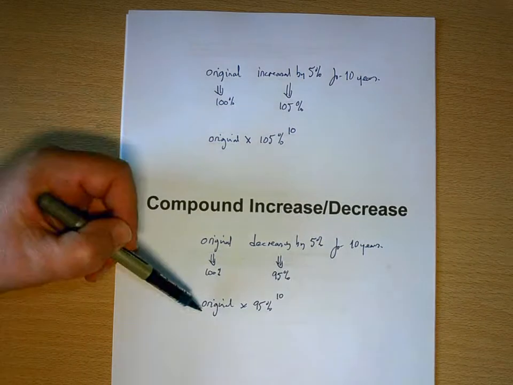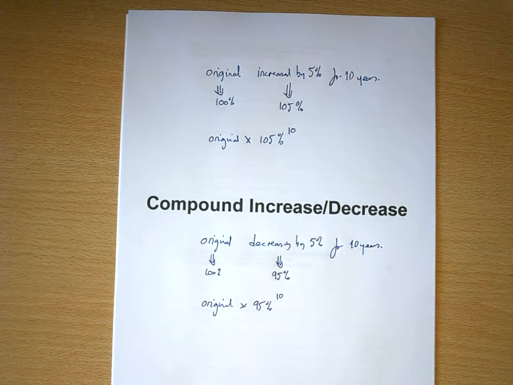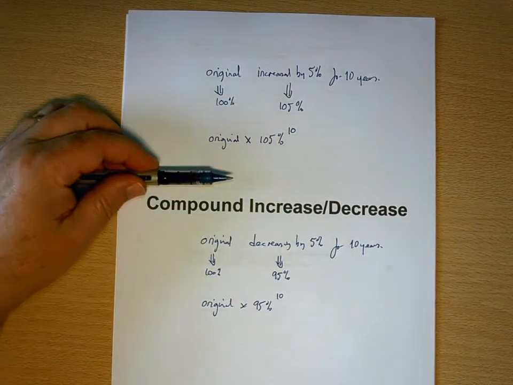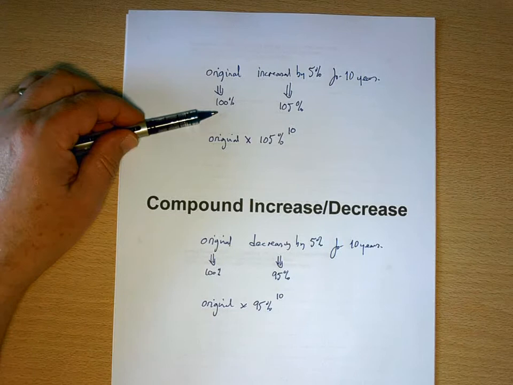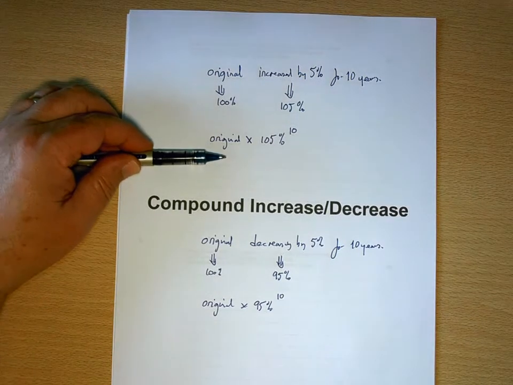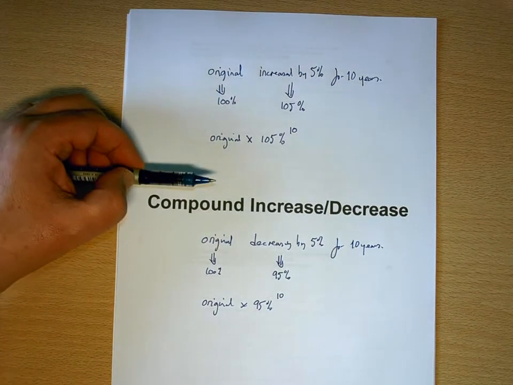So it's these pieces of maths that we're going to be working with, which makes it a much quicker method than maybe the method you were originally taught back in Key Stage 3, where you would work it out year by year. You'd work out what the increase is, add it on, then work it out again for the second year, add it on, and so on.